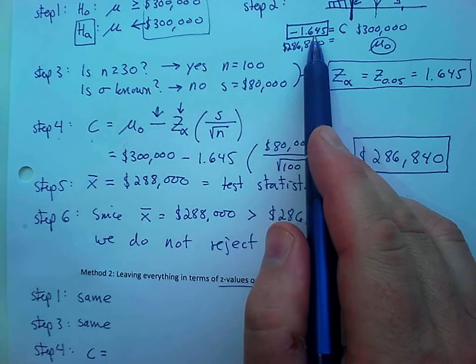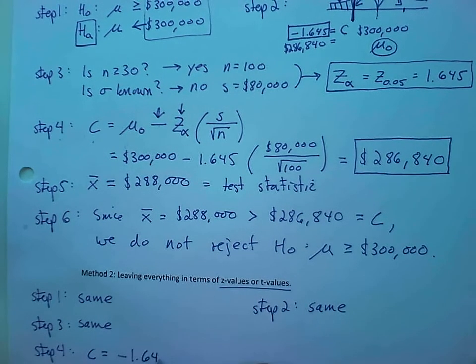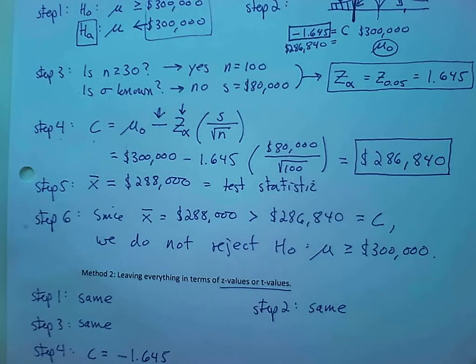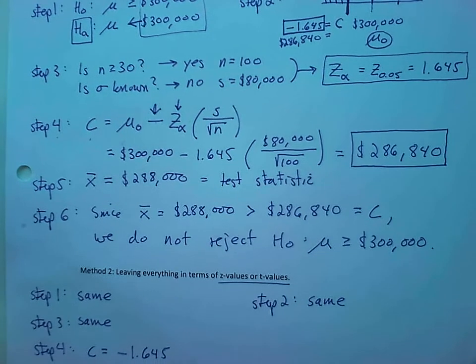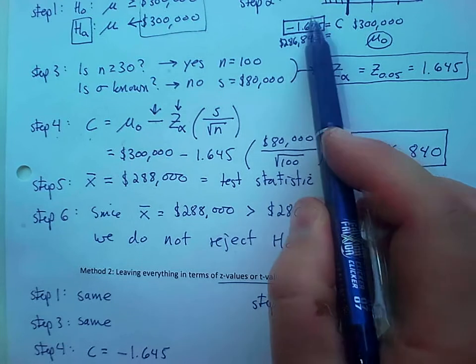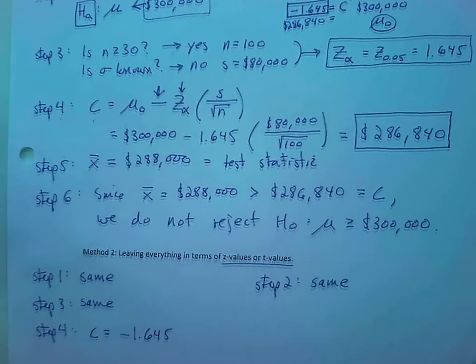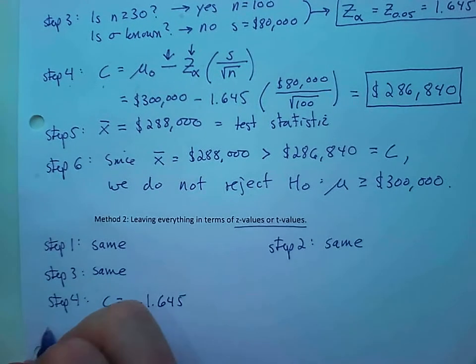And we already determined that the z value was negative 1.645. Now here it's important to keep it at negative 1.645 because our critical value is on the left-hand side of our distribution. All right, let's go on to step number 5.